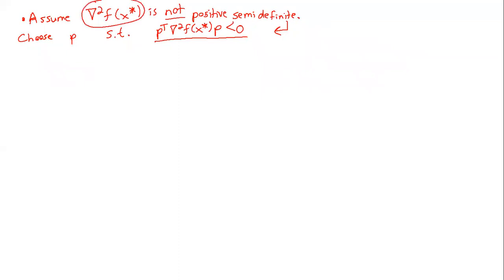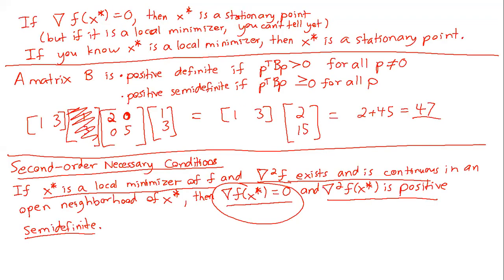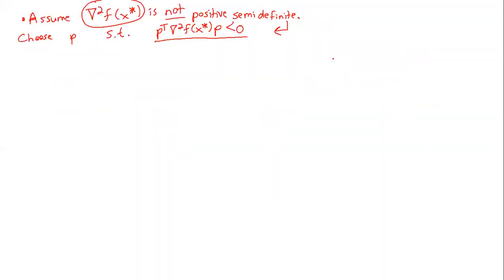If it is not positive semi-definite, it has to be the opposite of positive semi-definite, which if we look back, what is positive semi-definite? That means this is always some p transpose of your matrix times p is greater than or equal to 0 for all the p. So if we say it is not this, that means this has to be less than 0 for some p. So find some p where this is true, because that would be the definition of it not being positive semi-definite.